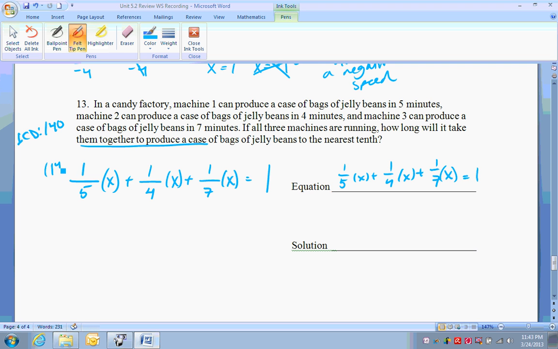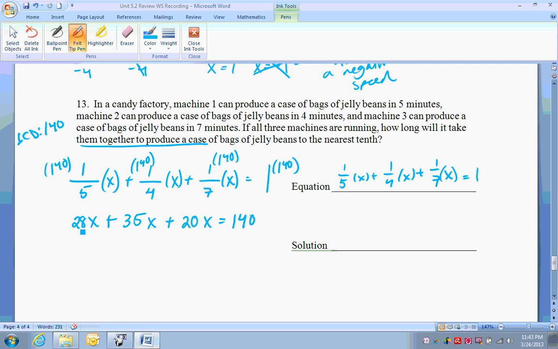So I'm going to multiply every term by 140. And when I do that, 140 over 5 reduces down to 28x. 140 over 4 reduces down to 35 times x. And then 140 divided by 7 reduces down to 20x. And then 1 times 140 is, of course, 140.